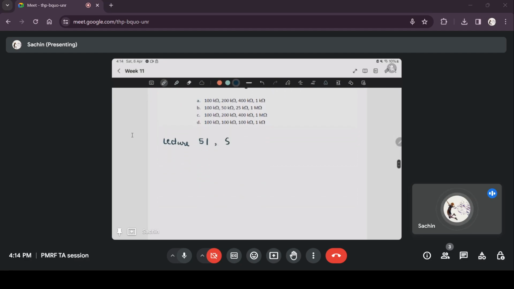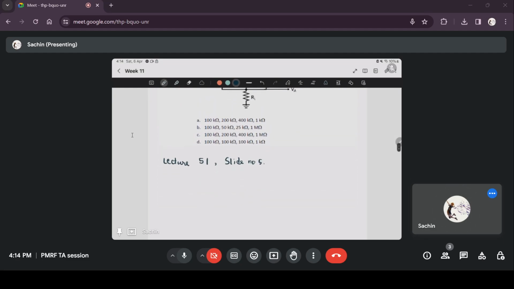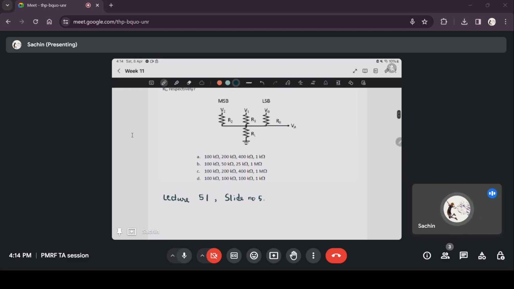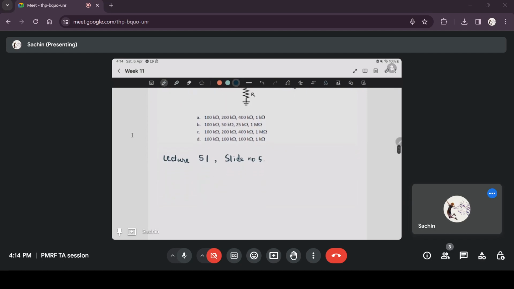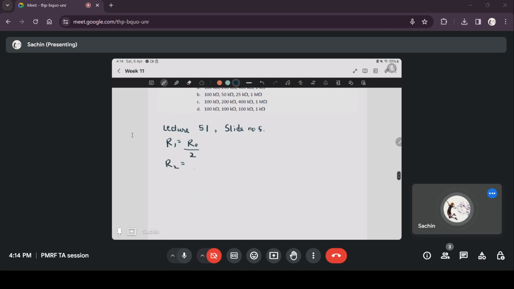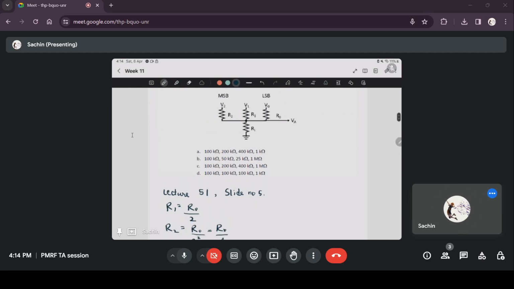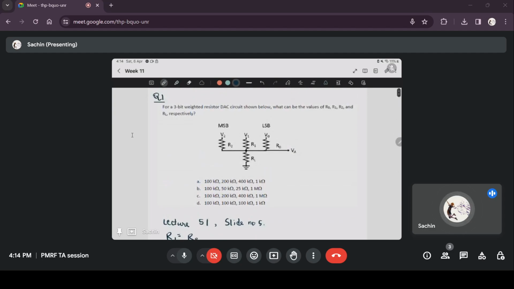You can refer to slide number 5, and there you see that R1 must be half of R0, R2 must be R0 by 2 square, which is R0 by 4, and RL must be much greater than R0 for this particular DAC circuit.